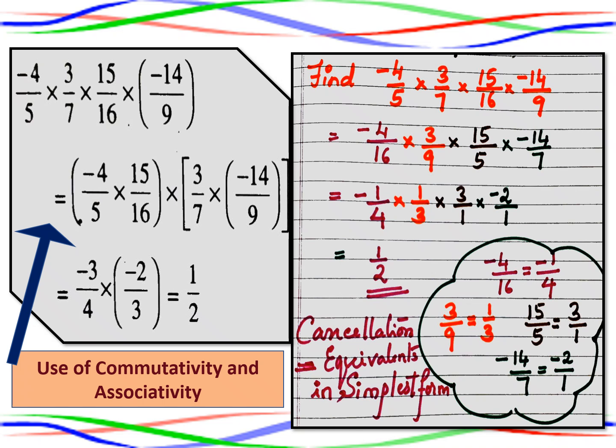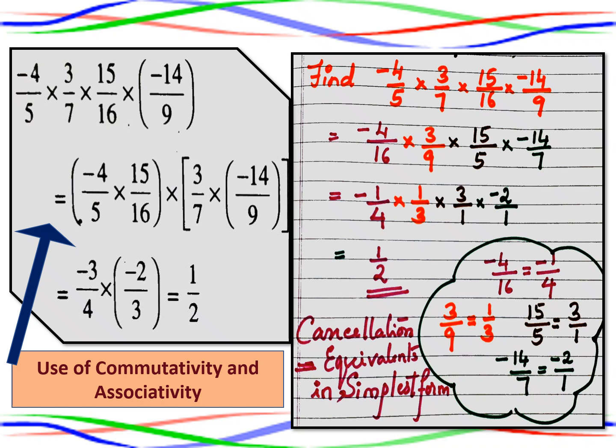I have associated the two rational numbers minus 4 by 5 and 15 by 16, and 3 by 7 associated with minus 14 by 9, and all are multiplied. But I am multiplying the first two as shown in the bracket and the next two as shown in the bracket.